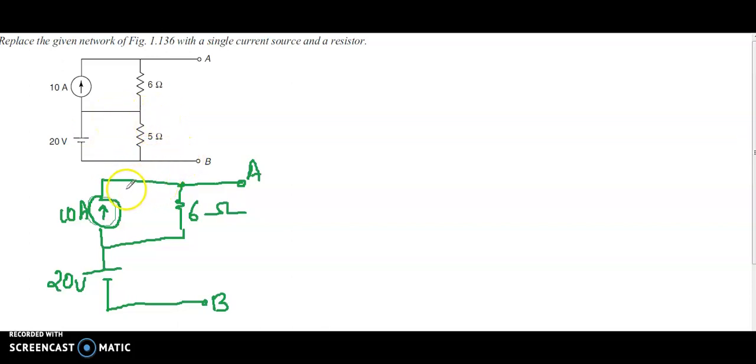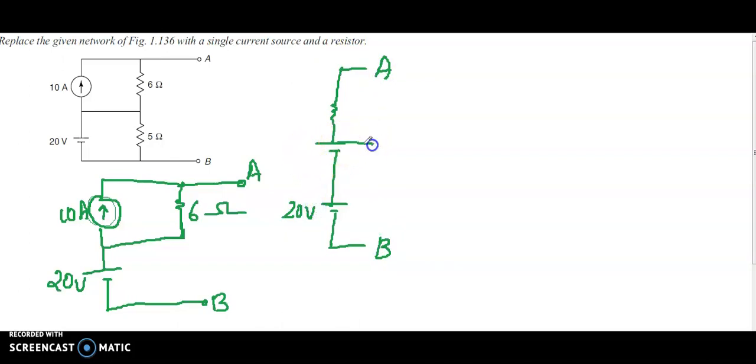Next, we have studied that a current source with a resistor in parallel can be replaced by a voltage source with a resistor in series. So we can rearrange it as, this is the 20 volt.